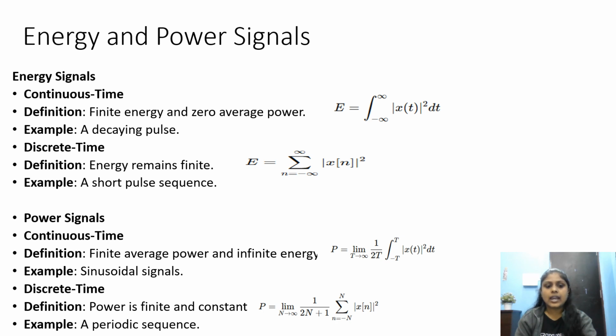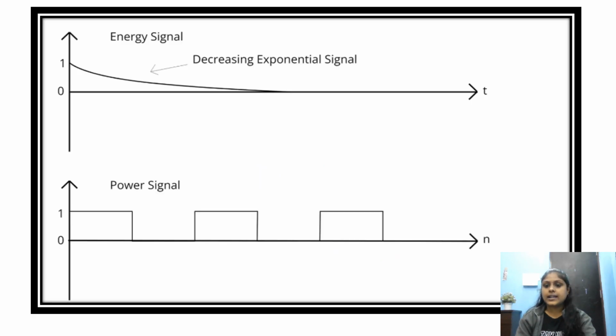In discrete time, power is finite and constant: P is equal to limit N tends to infinity of 1 by 2N plus 1, summation from minus N to N of mod of x of n squared. For example, a periodic sequence. This is the graphical representation of energy and power signals. In energy signals, the exponential signal is decreasing.